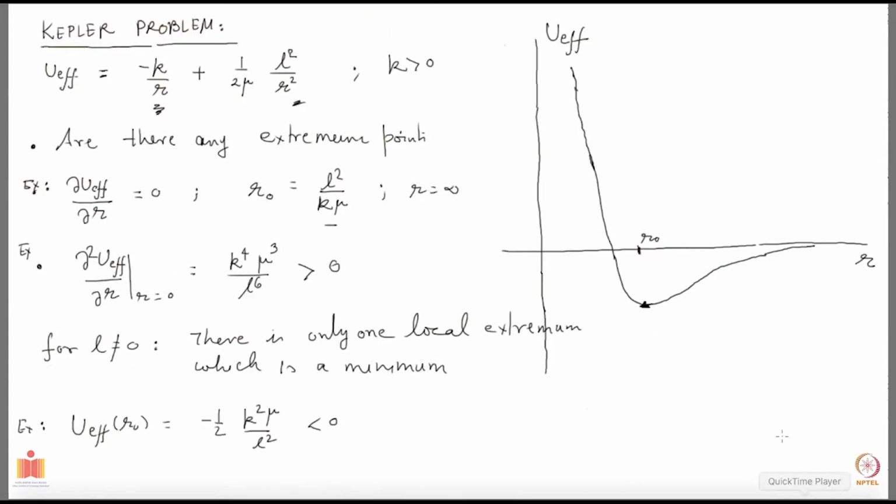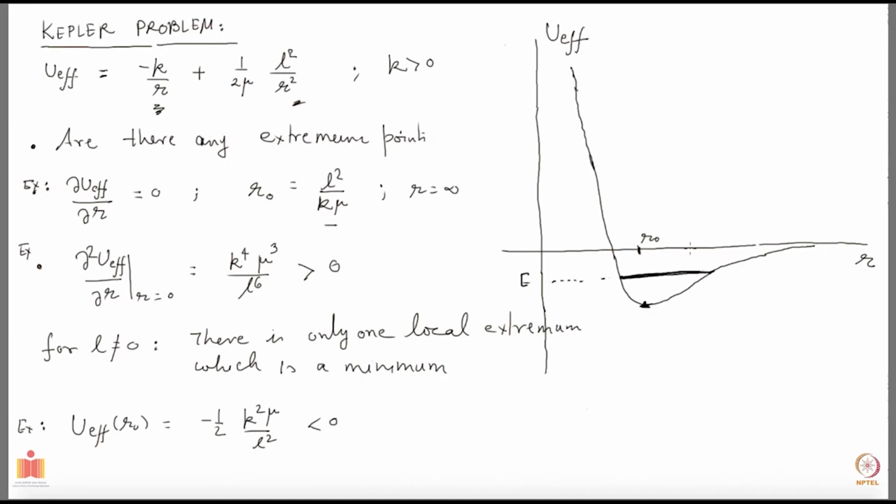So if your energy is between the minimum value allowed and 0, then your particle will be, depending on what energy your system has, in this region. For example, if I take the value of energy to be somewhere here, it is bounded, clearly bounded between these 2 points. But now you know that the shape of the orbit is elliptical.